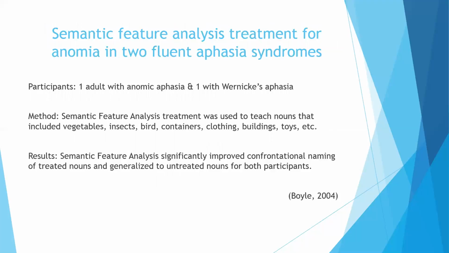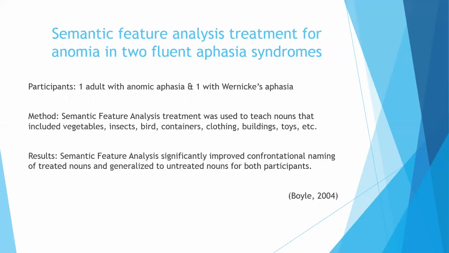Next, we have an article by Boyle that discusses semantic feature analysis treatment for anomia in 2 fluent aphasia syndromes. There's 2 participants, one with anomic aphasia and one with Wernicke's aphasia.